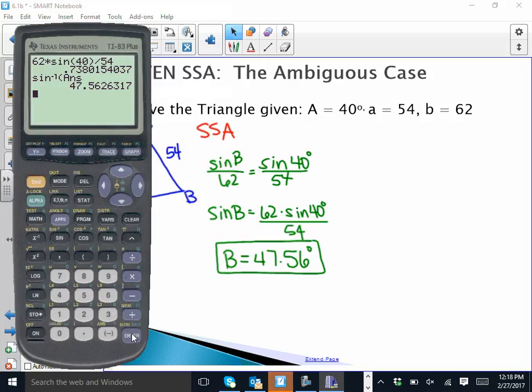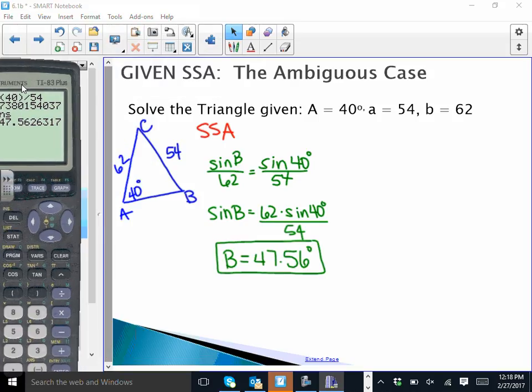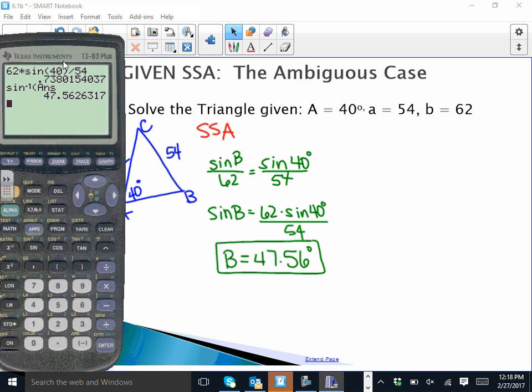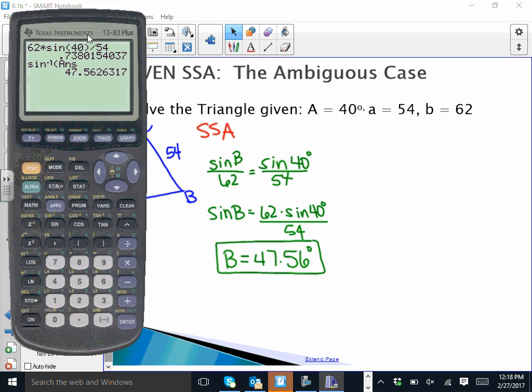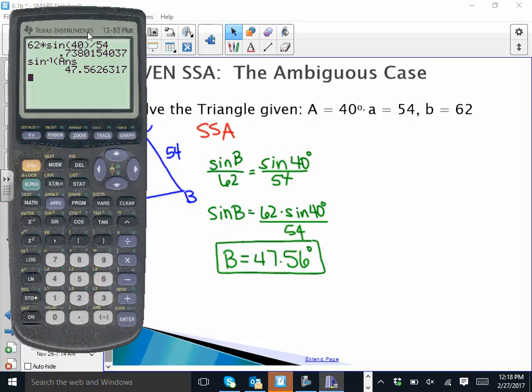Okay, now I'm going to show you something that you could choose to use in your calculator. We could potentially need that answer again. We probably won't, but this will probably be more helpful tomorrow, but I'll show it to you today in case you want to use it. Do you see this STO right here? That's a store button.